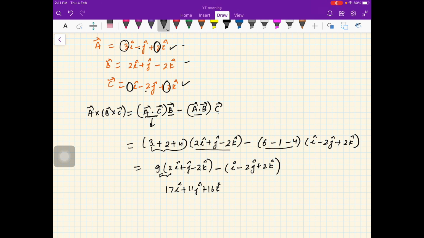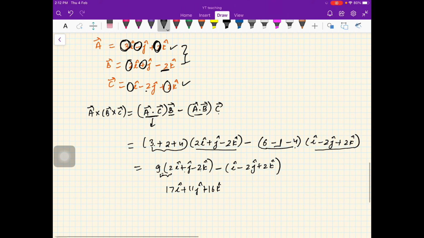Okay, and then you have B vector here, 2i plus j minus 2k, minus first dot second, that will be 3 into 2 is 6, minus 1 into plus 1 is minus 1, then 2 into minus 2, that is minus 4. Right, and then the C vector, that is i minus 2j plus 2k. So you have minus 1 here and 9 here. So this is your answer. Okay, so this is how you do the calculations.